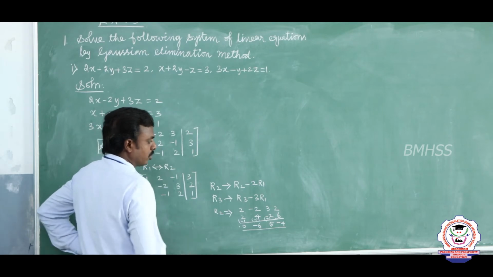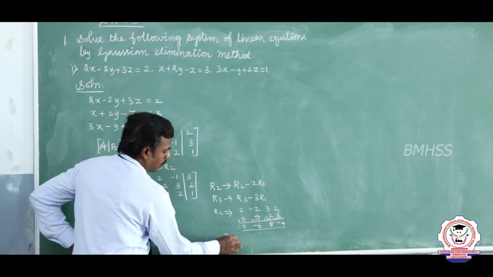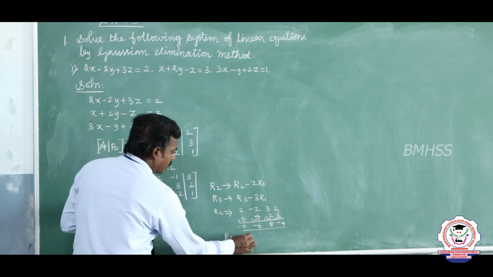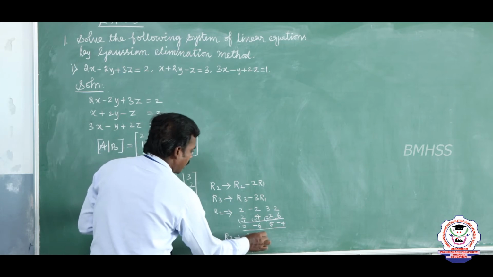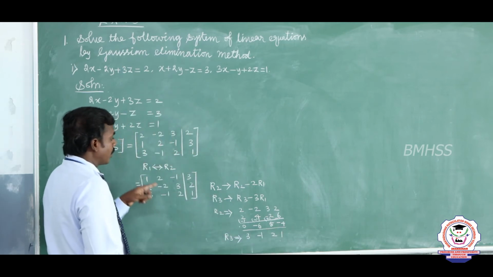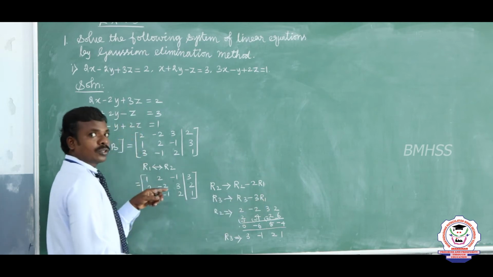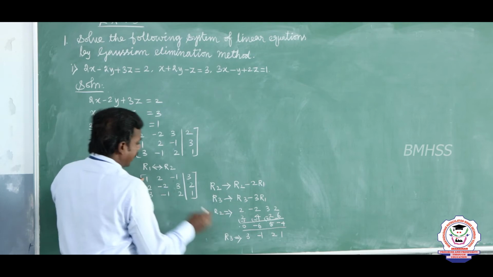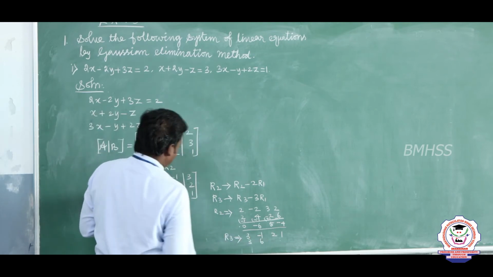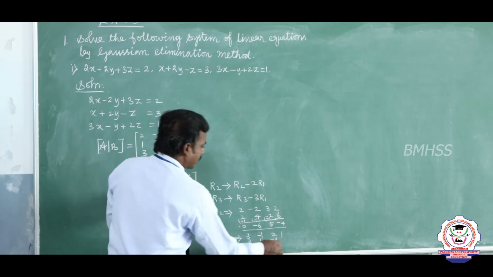Now I am going to make changes in the third row. What are the elements of the third row? 3, minus 1, 2, 1. The first row elements are multiplied by 3, that is minus 3 R1. 1 into 3 is 3, 2 into 3 is 6, minus 1 into 3 is minus 3, and 3 into 3 is 9.